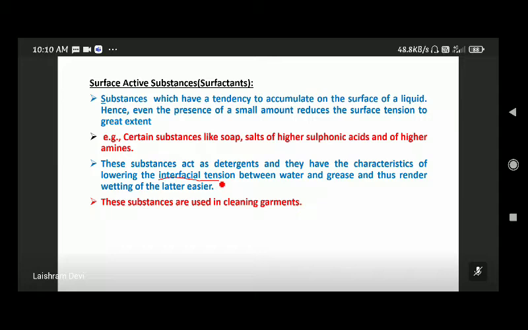The origin of interfacial tension, just as I explained the origin of surface tension in the last class, is because of the bulk molecules and the surface molecules. Can you tell how interfacial tension will work here? Yes, anybody can say.